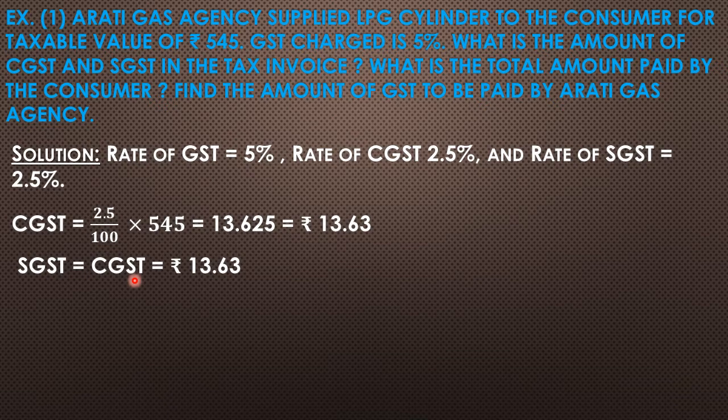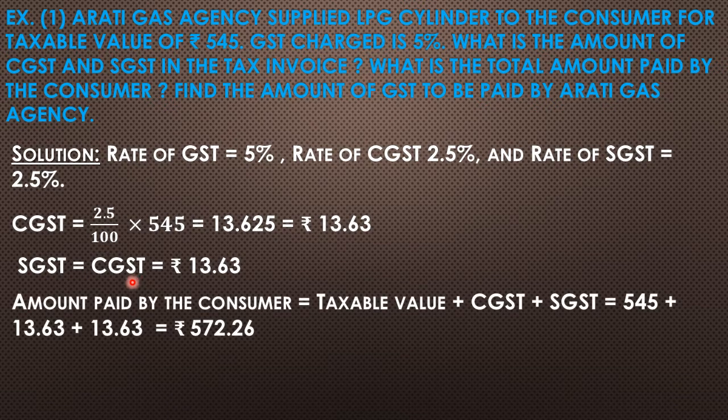Now we need to find the total amount paid by the consumer. The amount paid by the consumer will be taxable value plus CGST plus SGST. So 545 plus 13.63 twice, that will give the answer rupees 572.26.